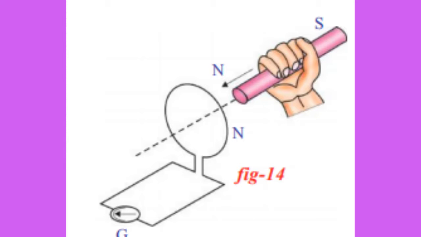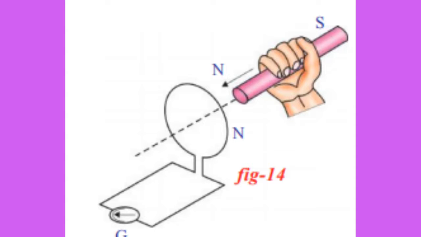When the bar magnet is brought nearer to the coil, slowly its flux is increased. That means flux is changed. Similarly, when it is taken away, slowly the magnetic flux is decreased. That means there is change. So we can conclude that to produce current, there should be a change in the magnetic flux. So this experiment demonstrated like this.